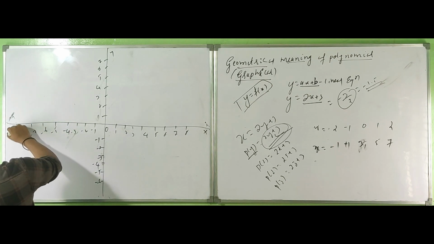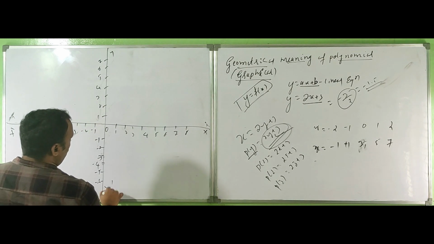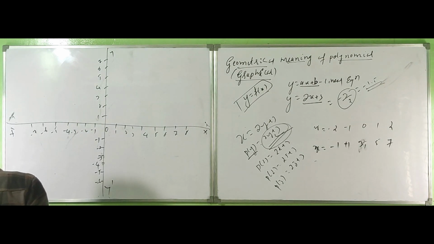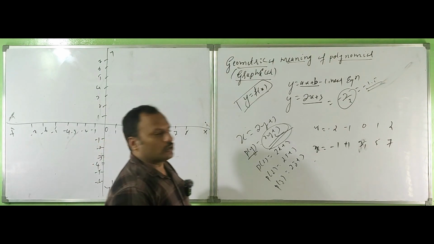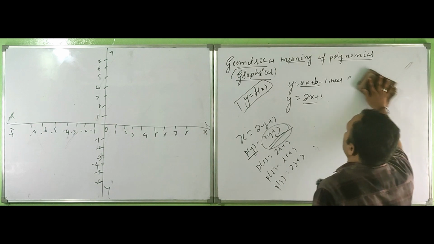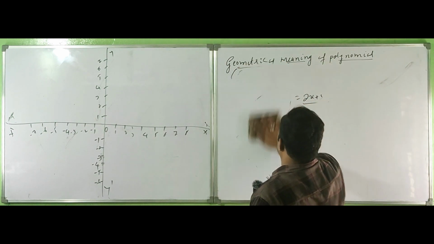This is x dash, this is y dash. With respect to coordinate geometry, you can consider some equations that I am telling here. So the graph shows.